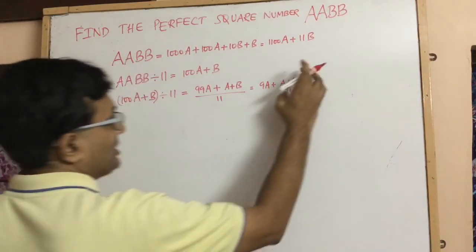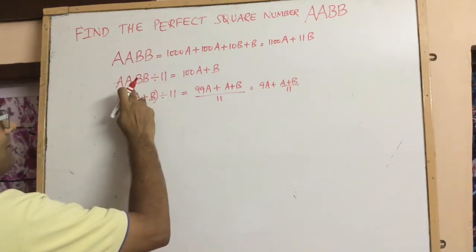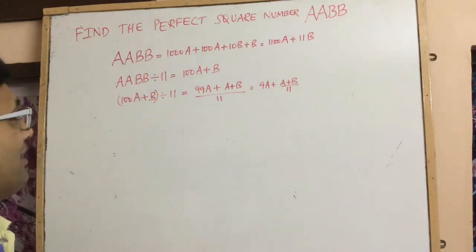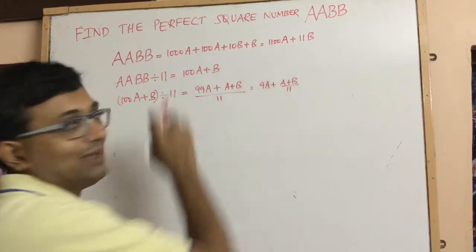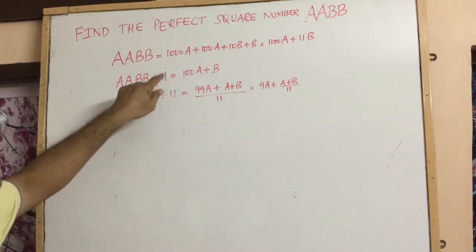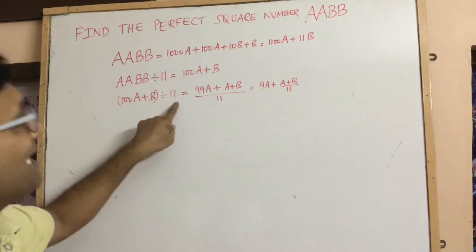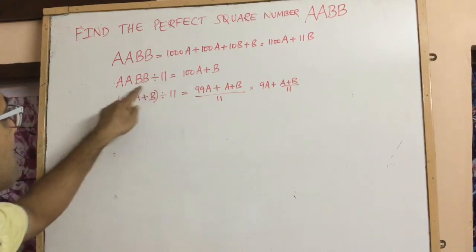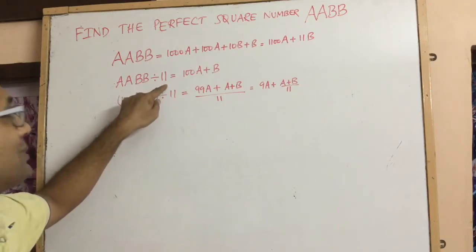So this clearly means that for AABB to be a perfect square, A plus B has to be a multiple of 11. Why? Because this is perfectly divisible by 11, and because 11 is not a perfect square, this quotient has to be again divisible by 11. If it were not, then this cannot be a perfect square, because it's only divisible by 11 once.